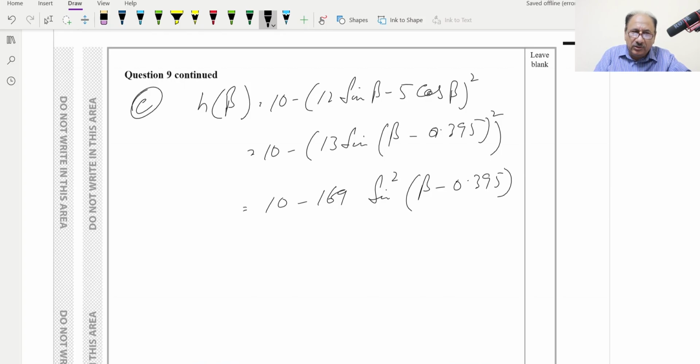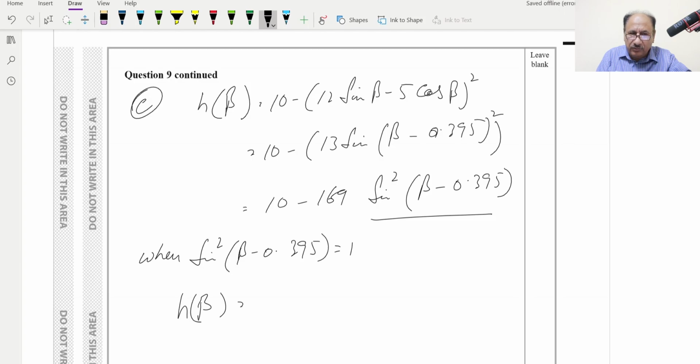And now we can check this one. When sine square of beta minus 0.395 is equal to 1, h of beta will be equal to 10 minus 169 into 1, which is minus 159.